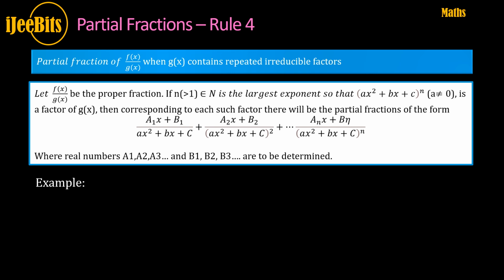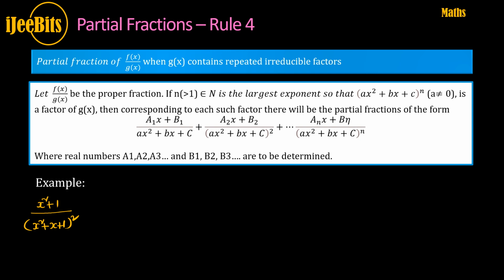Let me write down this one. The given proper fraction is x plus 1 divided by an irreducible factor that we studied also, x square plus x plus 1, and this has to be repeated, meaning you put square on it.